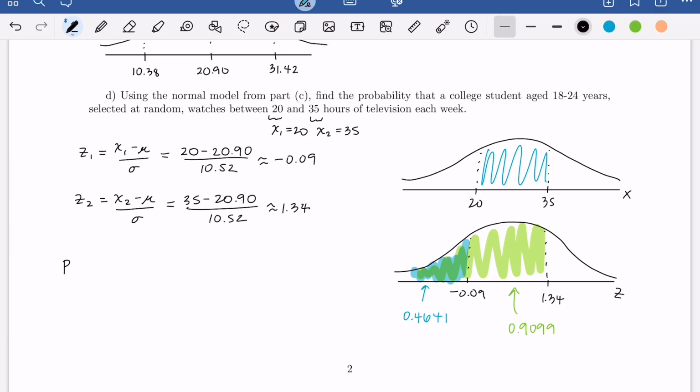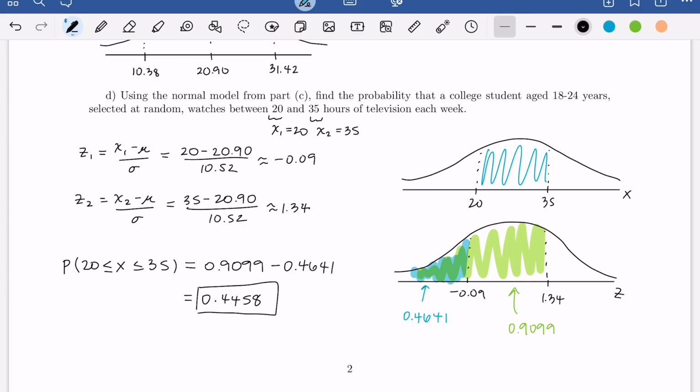So the probability that a college student is going to watch between 20 and 35 hours of TV is going to be given by this area in green, this 0.9099, subtracting out the area in blue, 0.4641, which is going to give us 0.4458. So this is the probability that a randomly selected college student watches between 20 and 35 hours of TV each week.